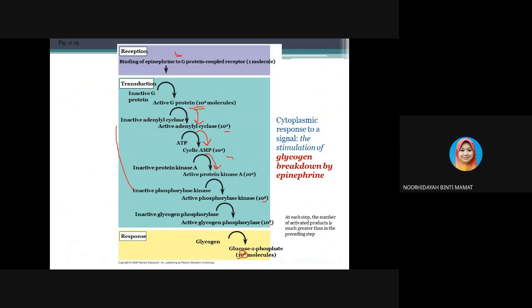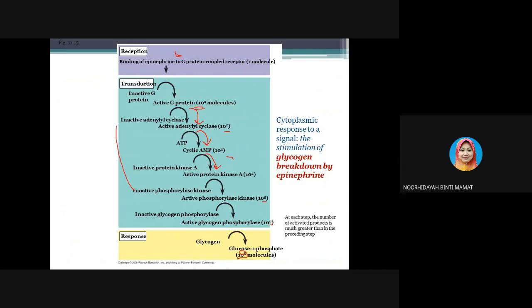So this is the enzyme cascade, which amplifies the cell's response. Just now we talked about the phosphorylation cascade, where multiple pathways amplify a signal. This is the cytoplasmic response to a signal, which is the stimulation of glycogen breakdown by the epinephrine hormone.